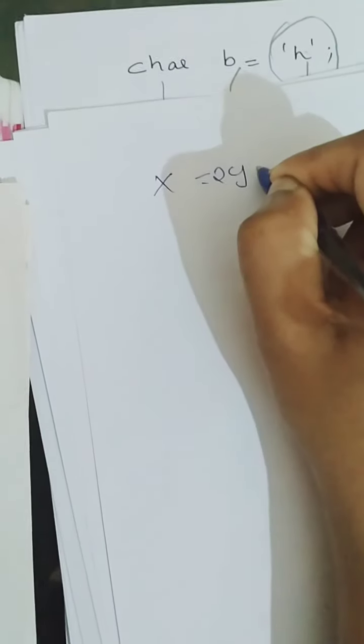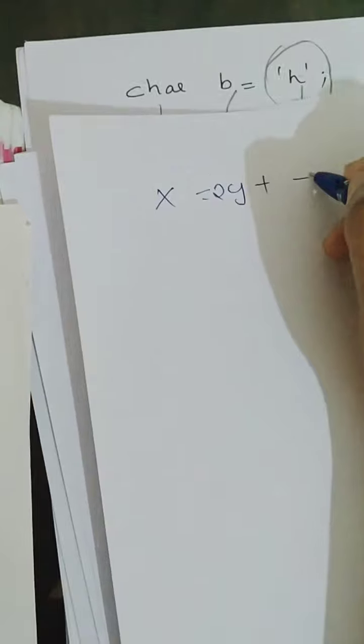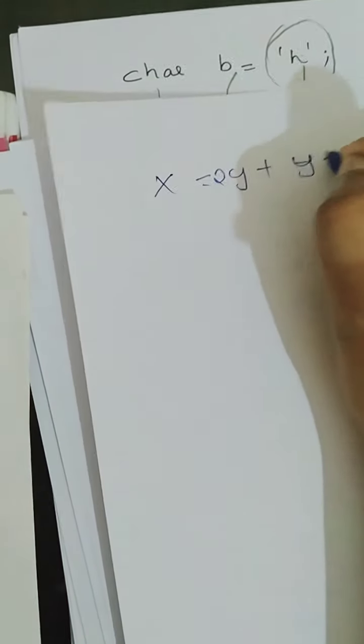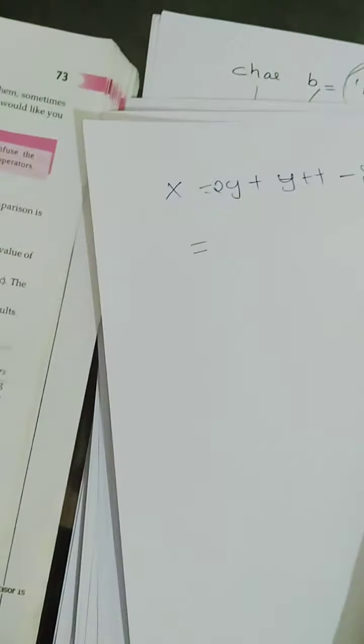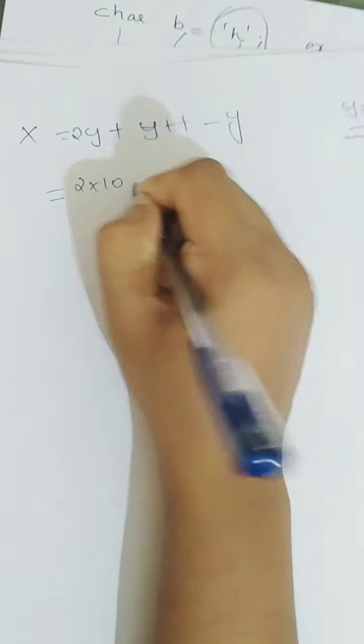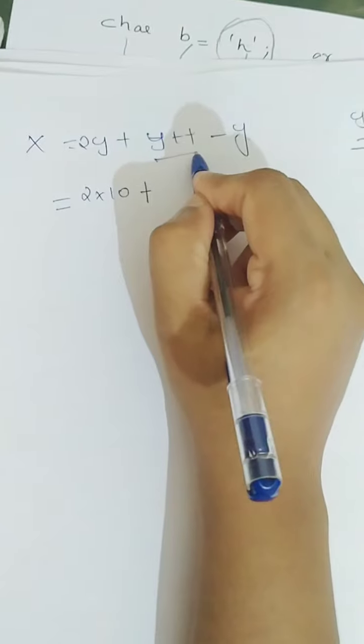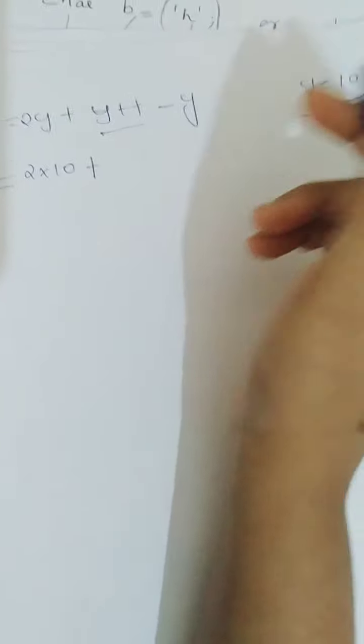Same if you do with the postfix. X is equal to 2y plus y plus plus minus y, suppose y is equal to 10. See, 2y means y is equal to 10 you have. So 2y means 2 into 10 plus, since it is a postfix, it will use the value and then only make changes.